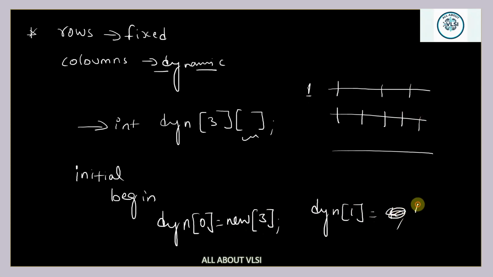And let's say if I write dyn of 2 is equal to new of 1, then only one column is being created. Okay. So this is how you can create a 2D dynamic array.